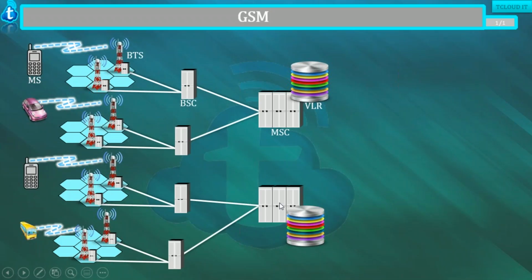Obviously, they don't have a choice because they don't have multiple connections with multiple MSCs. These BSCs are divided according to their geographical locations. So the moment any service request is generated from a roaming user, the BTS and BSC will forward it to this MSC.